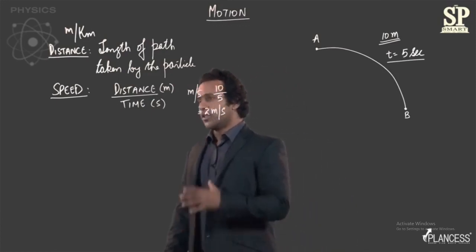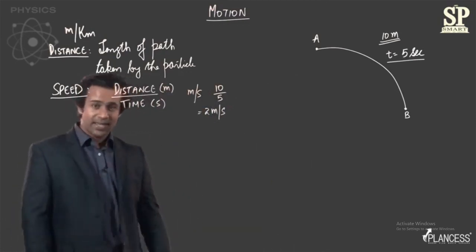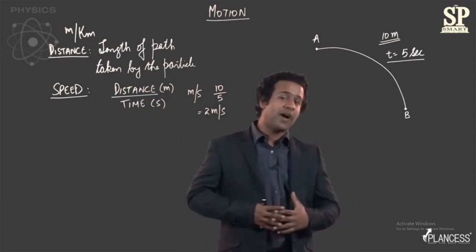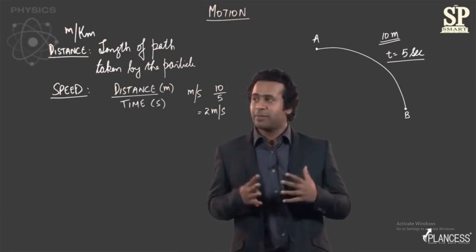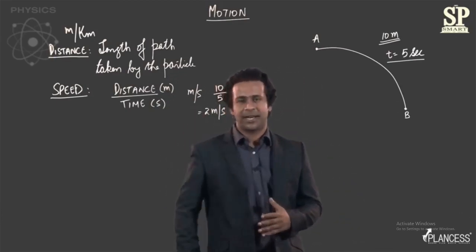So the distance covered by a particle is the length of the path that it takes, and the speed is given by the formula distance by time, and its units are meter per second.